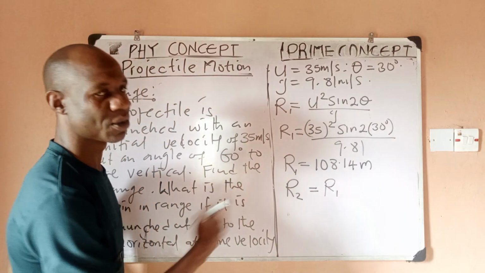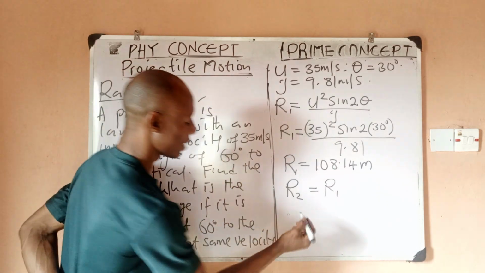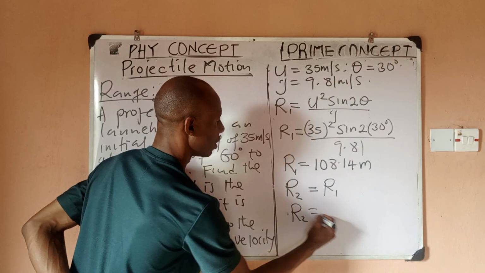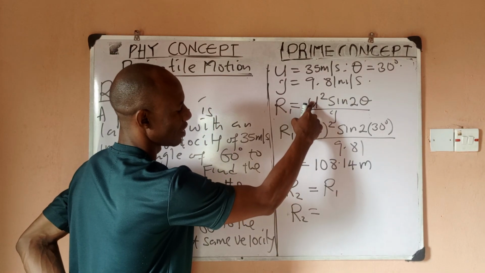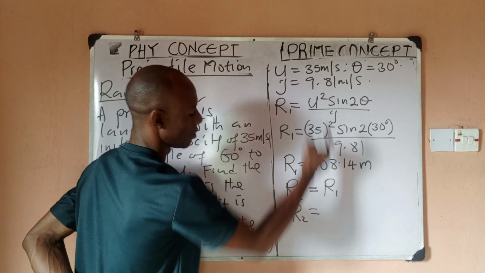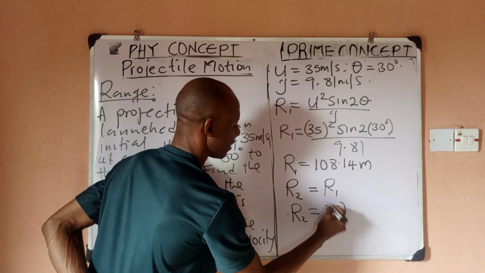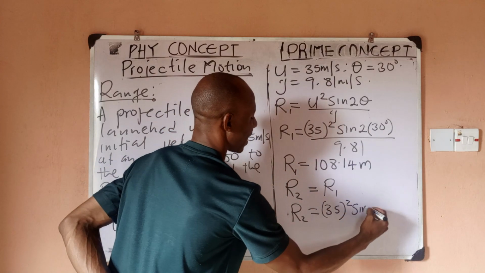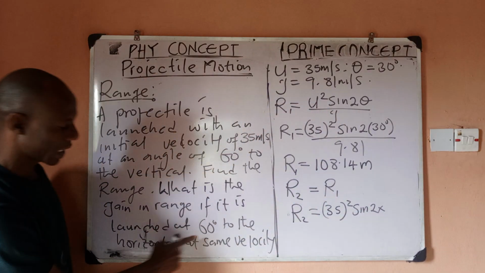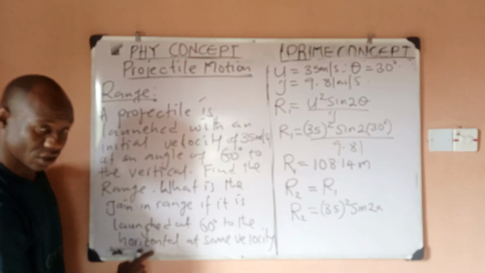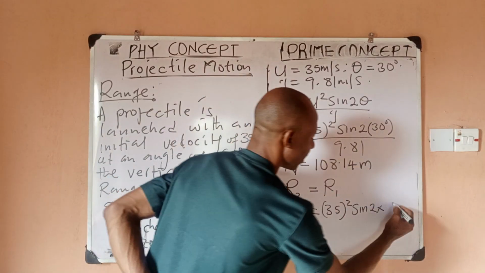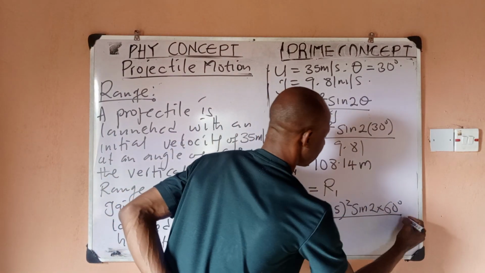So let's solve it. R2 is still going to be using this formula. Remember, the velocity is the same. So I'll be using 35 squared sine 2 times, in this case, our angle now is 60 degrees to the horizontal, divided by 9.81.